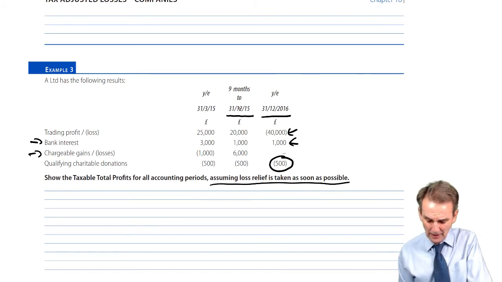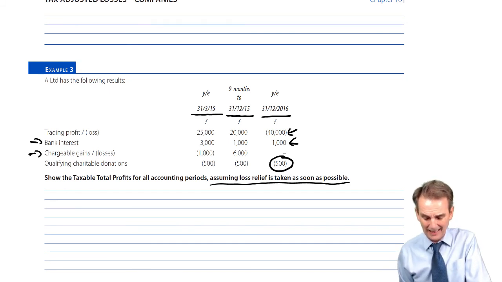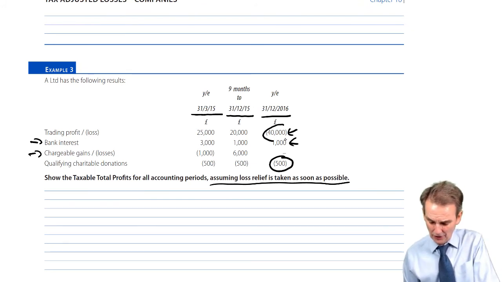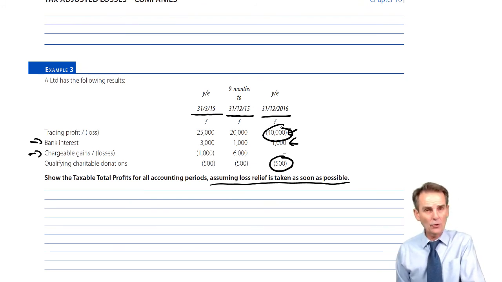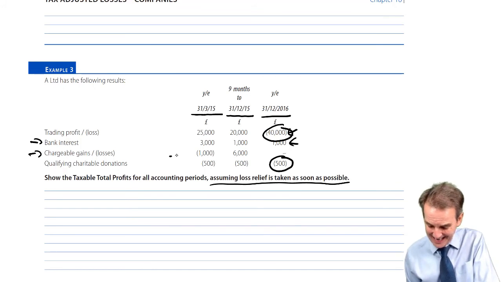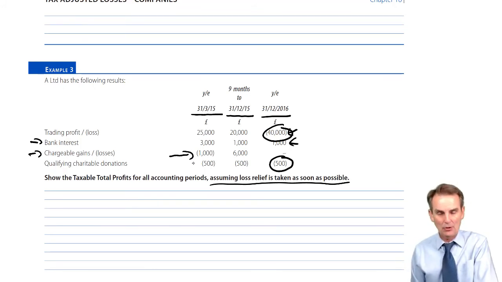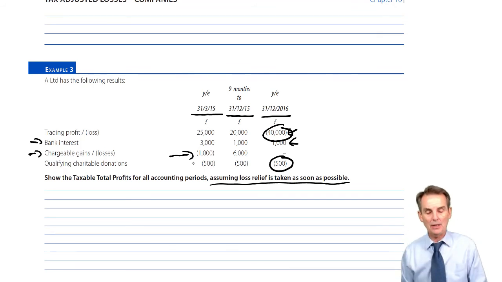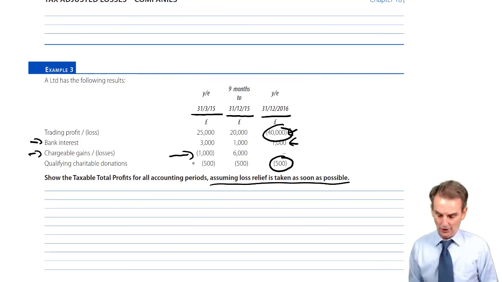So once you've relieved against the 9-month period, we've then got 3 months worth of the period prior to it, where the relief will also be applied. And rather than just having one type of loss, the trading loss, I've also put in another loss, sneakily here, the capital loss that needs to be dealt with again on this columnar basis on our presented answer.